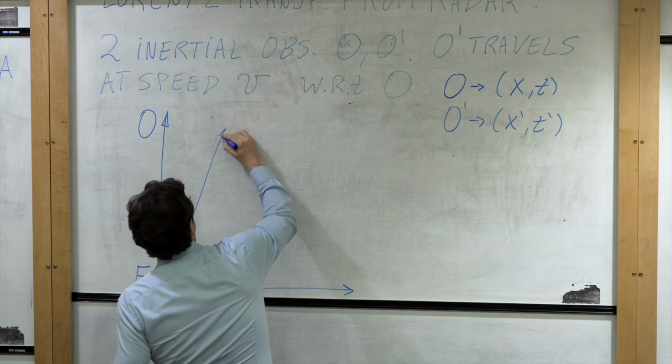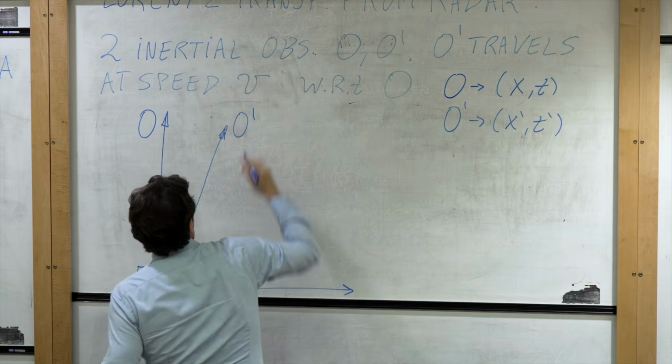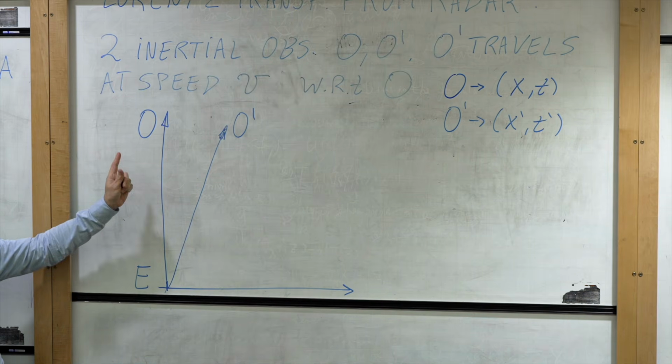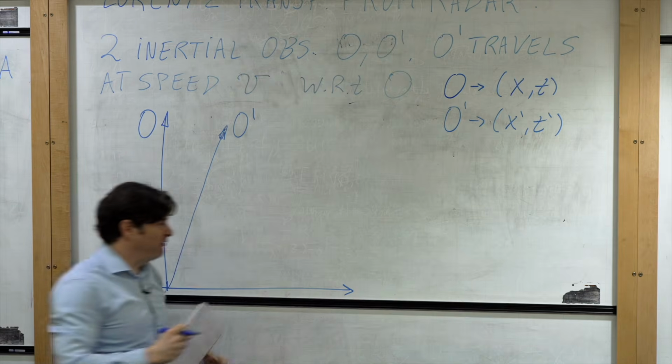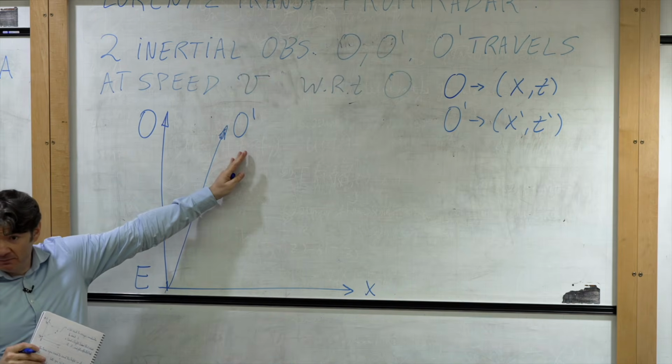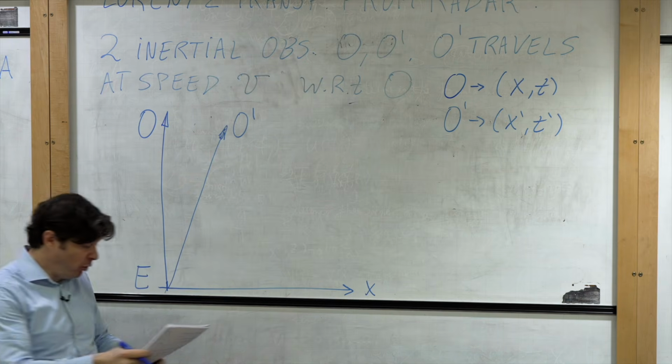And this is O prime here. So O prime moves at a constant speed with respect to O, so that in the frame of O, O prime just follows a straight line, as we have seen before.